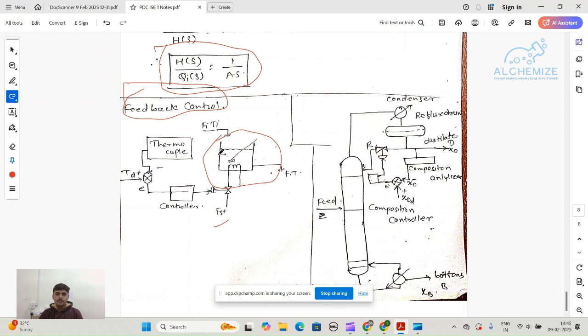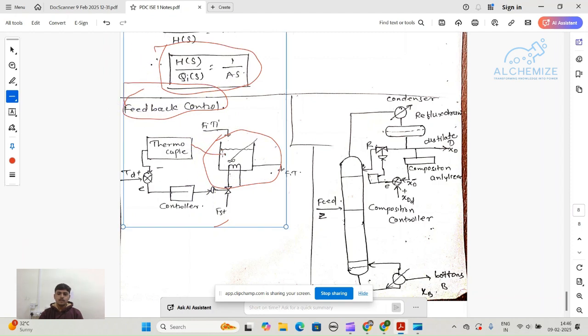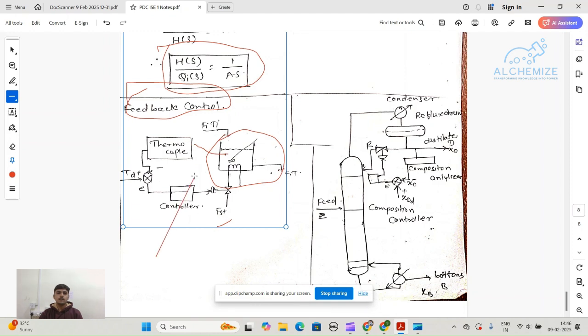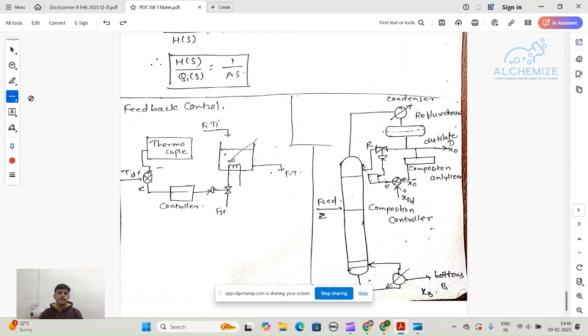To measure the temperature, here is one line, from here one thermocouple is there.